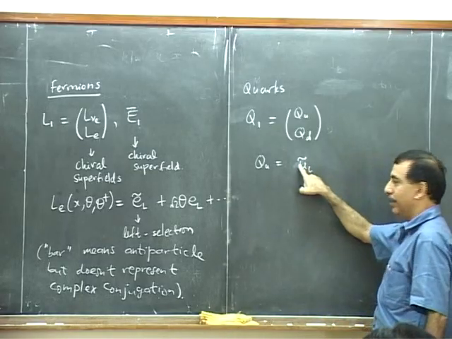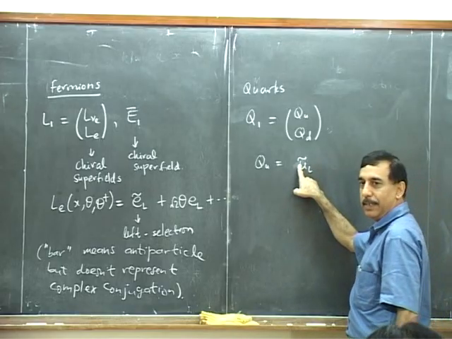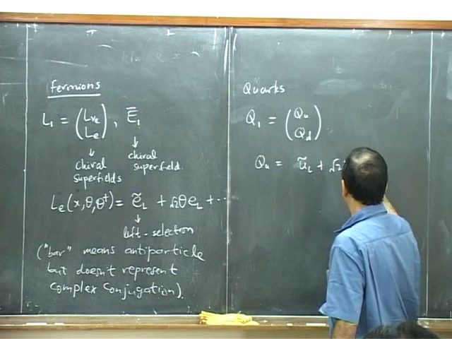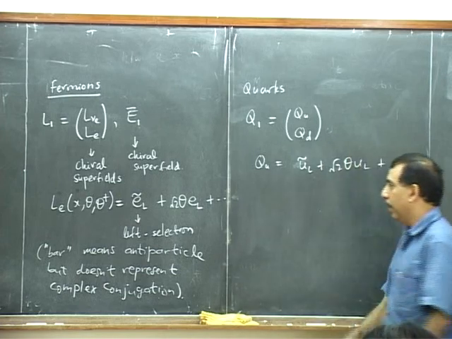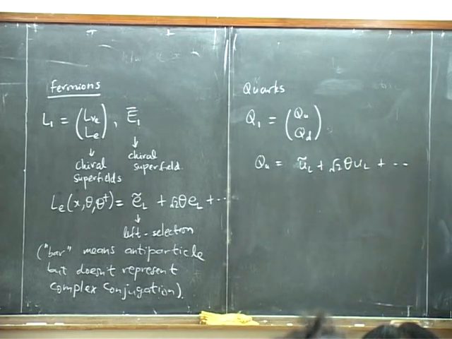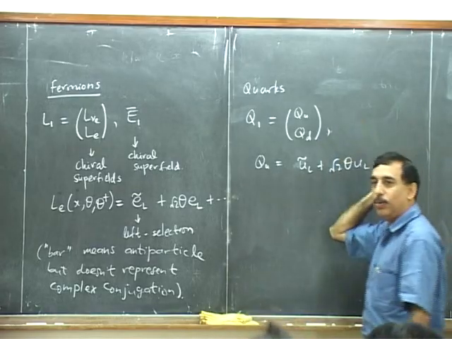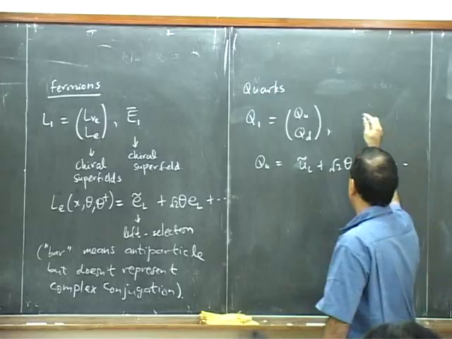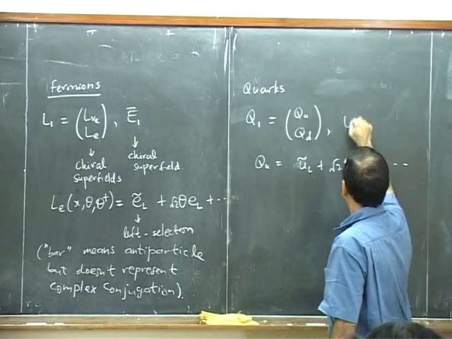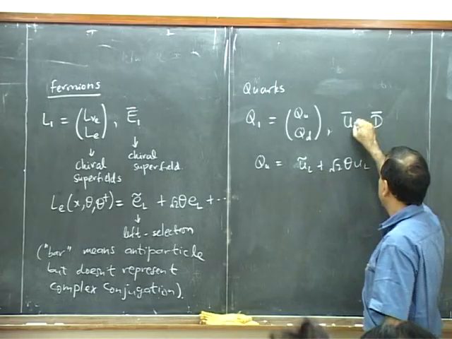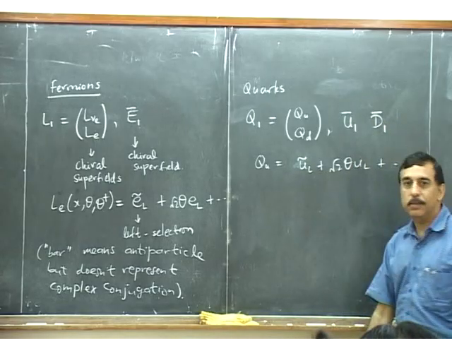Again, remembering that left is not a property of this thing, it's a scalar, it's just the partner of U left. Then root 2 theta, U left, and auxiliary fields. Okay. However, now we have to introduce two SU2 singlet chiral superfields called U bar and D bar, both with ones.